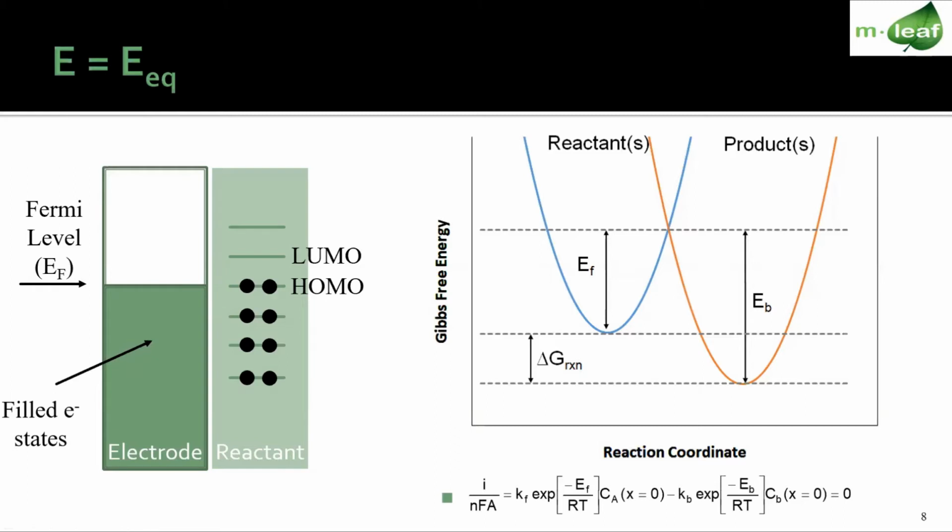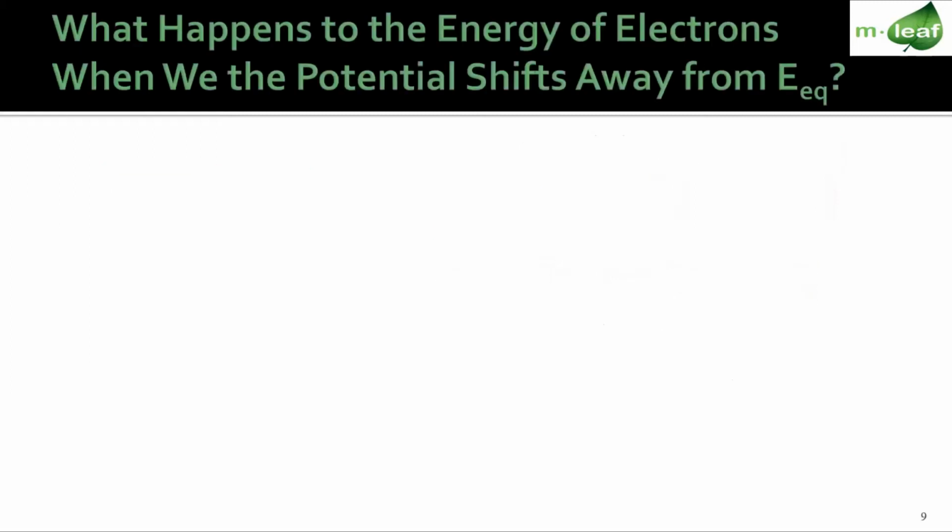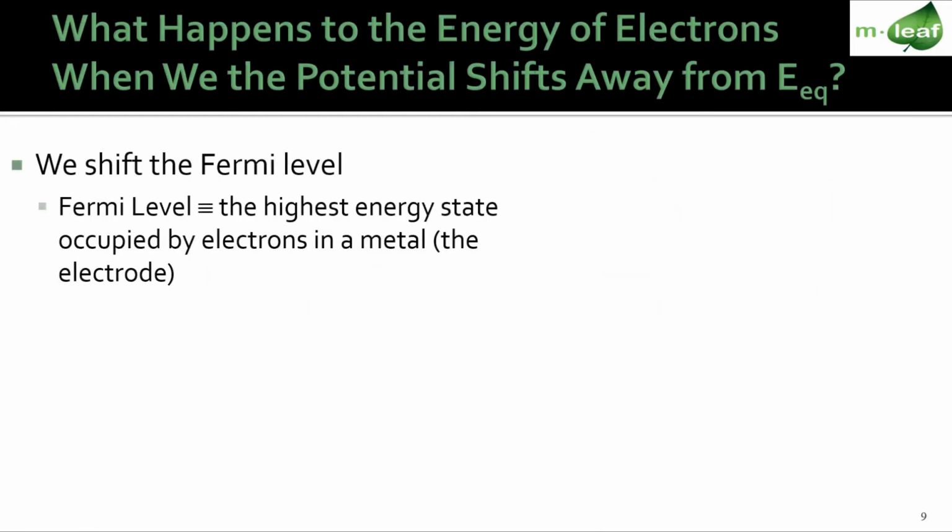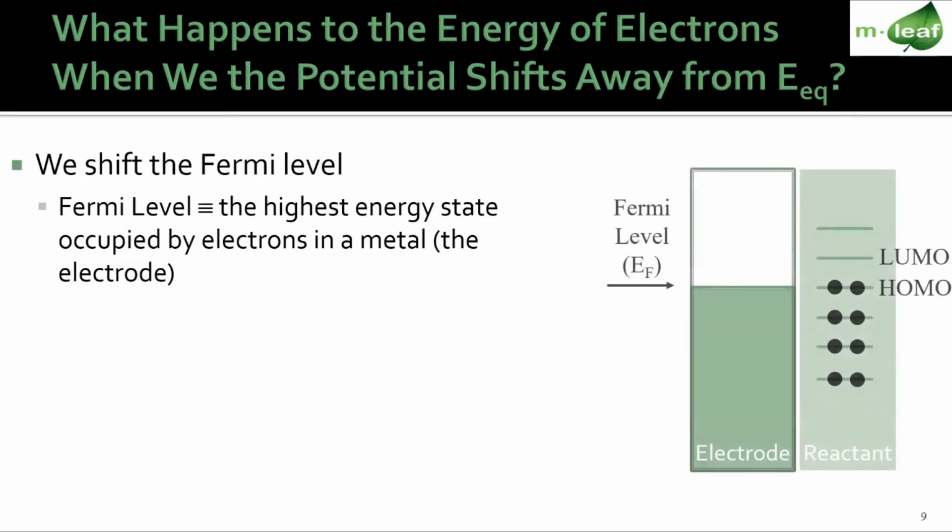but let's then think about what's going to happen when we move the potential away from this thing that we called the equilibrium potential, right? So we already said the Fermi level is this highest state occupied by electrons in the metal. So let's then shift the electrode potential away from equilibrium. And first, let's shift it positive of the equilibrium potential.